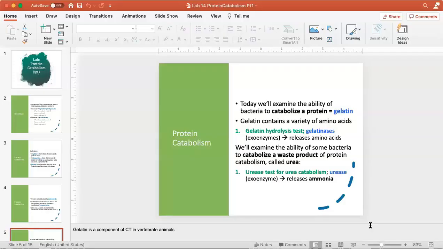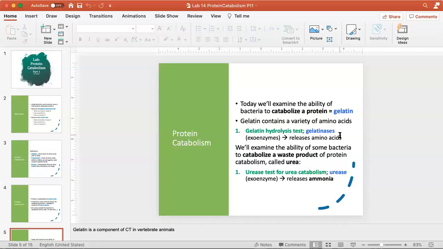Well, there's a whole family of gelatinases that microbes can, again, secrete as exoenzymes. And those gelatinases are able to break down any gelatin that might be around them into its amino acids. So the gelatin hydrolysis test is going to test for the presence of these types of enzymes, gelatinases.